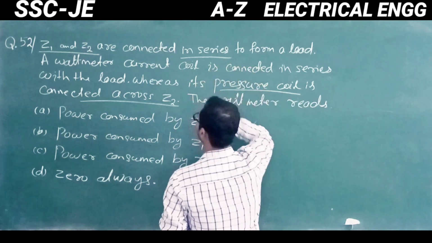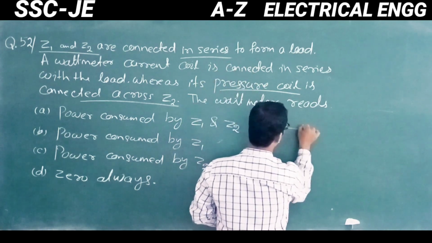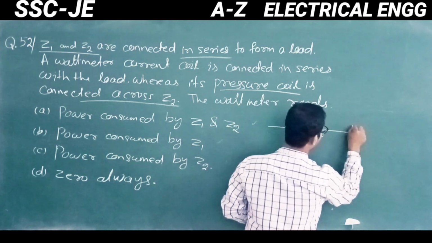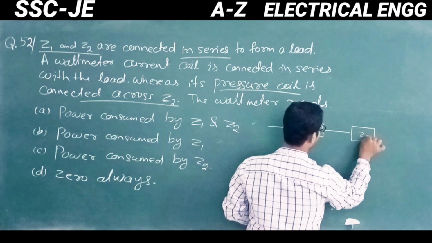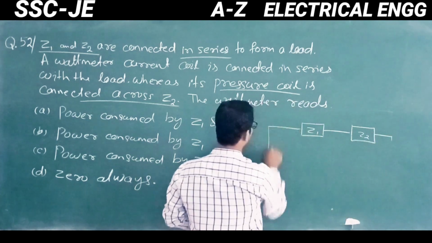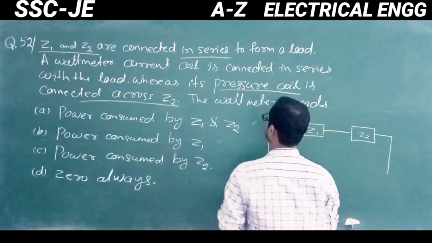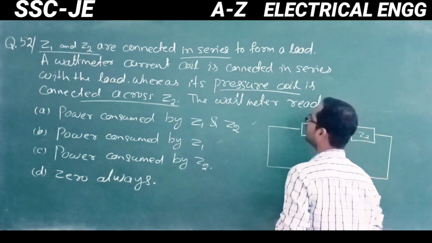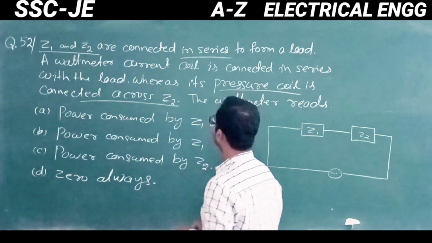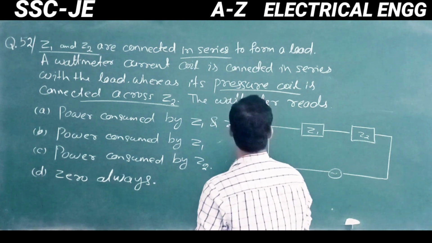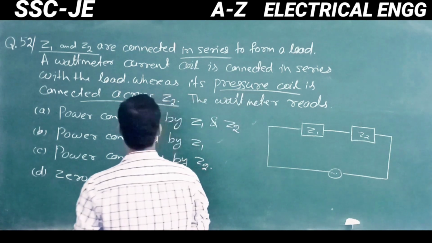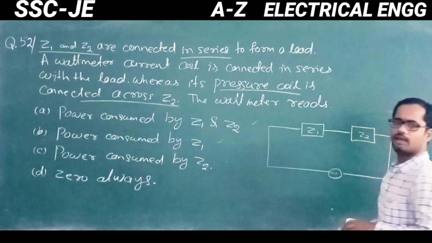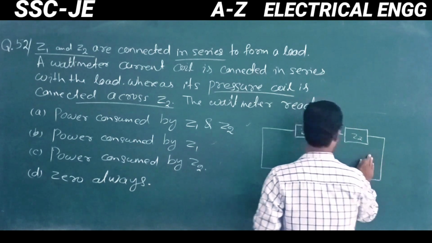According to the question, take this as Z1 and this as Z2, connected with the supply. It is said that the current coil is in series with your load, so the diagram is like that.